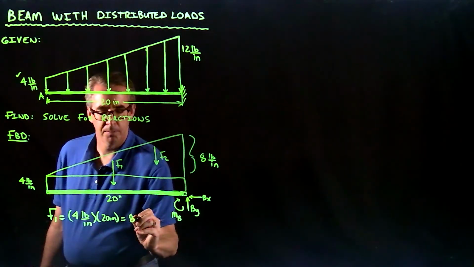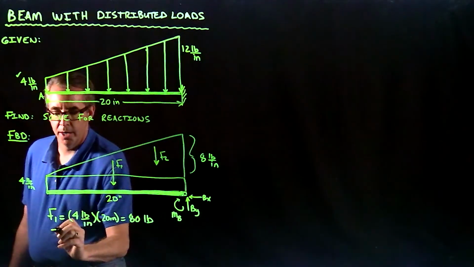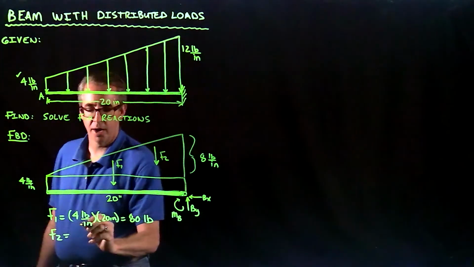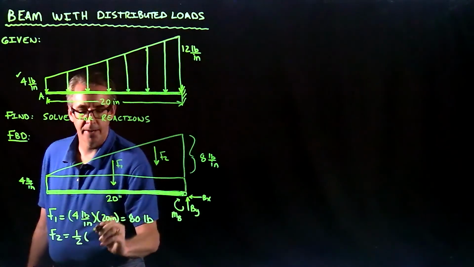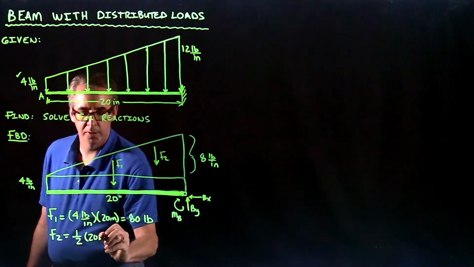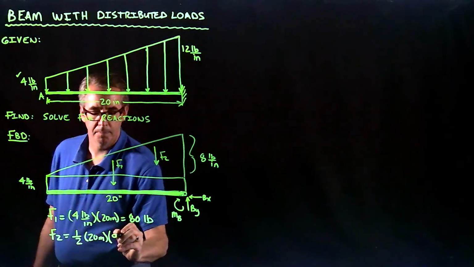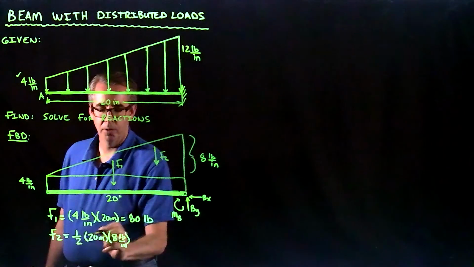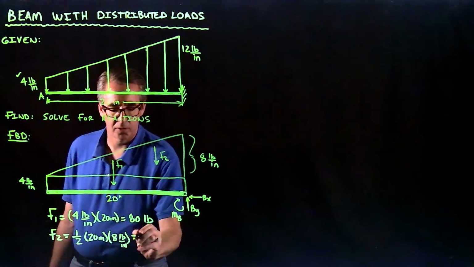This gives us a total force of 80 pounds. Likewise, for force 2, I'm going to be solving the area of a triangle. So here we have 1/2, my base again is 20 inches, and the height in this case would be the 8 pounds per inch. So I have 1/2 of 20, which is 10, times 8. So this is also 80 pounds.